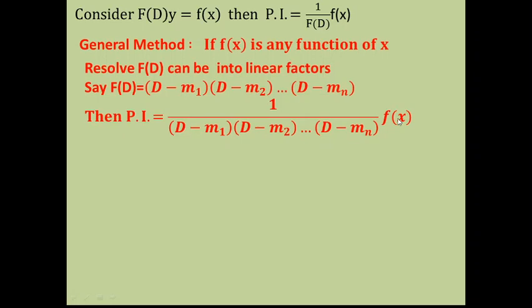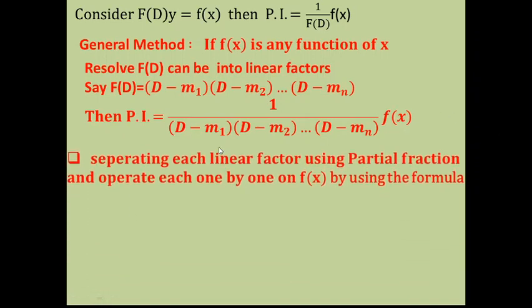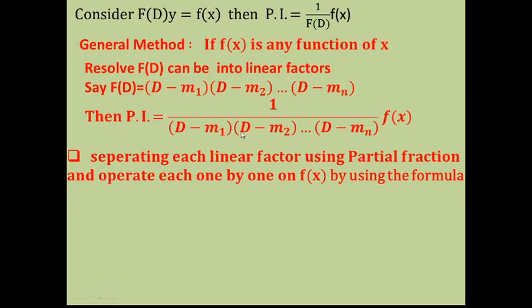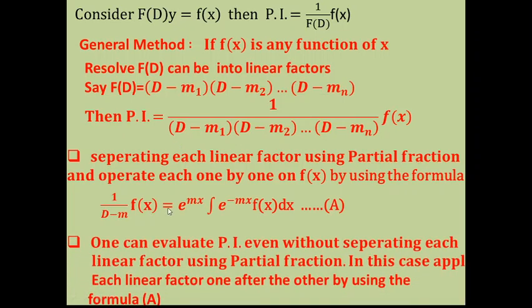Now there are two ways to apply these linear factors on f of x. The first way is separating each linear factor, that is d minus m1, d minus m2, d minus mn, using partial fractions and then operating each of them on f of x by using the formula 1 upon d minus m operating on f of x is equal to e raised to mx integration of e raised to power minus mx into f of x dx.